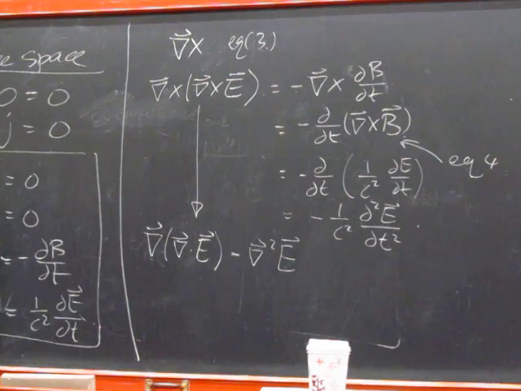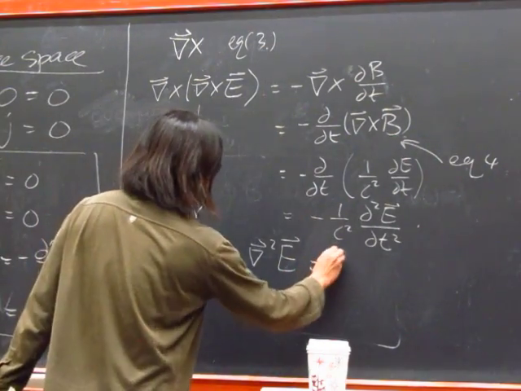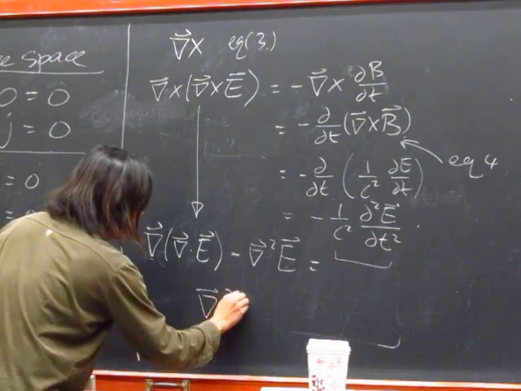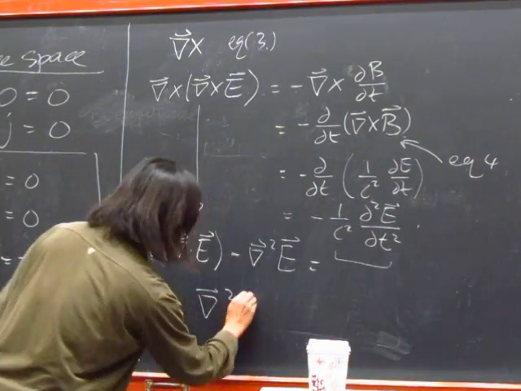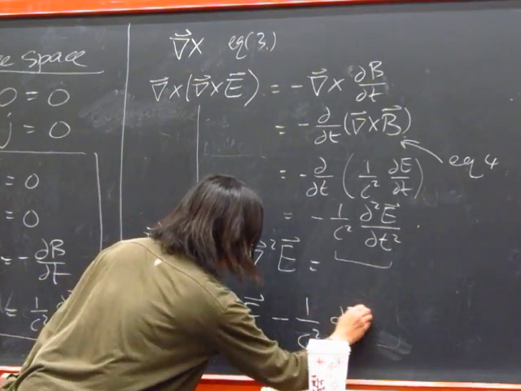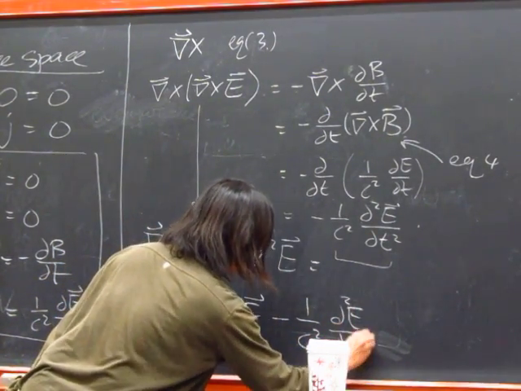Or just look at the math textbook. And that has to be equal to that. So if I rearrange all the terms, I have the Laplacian of E minus 1 over c squared d squared E over dt squared.